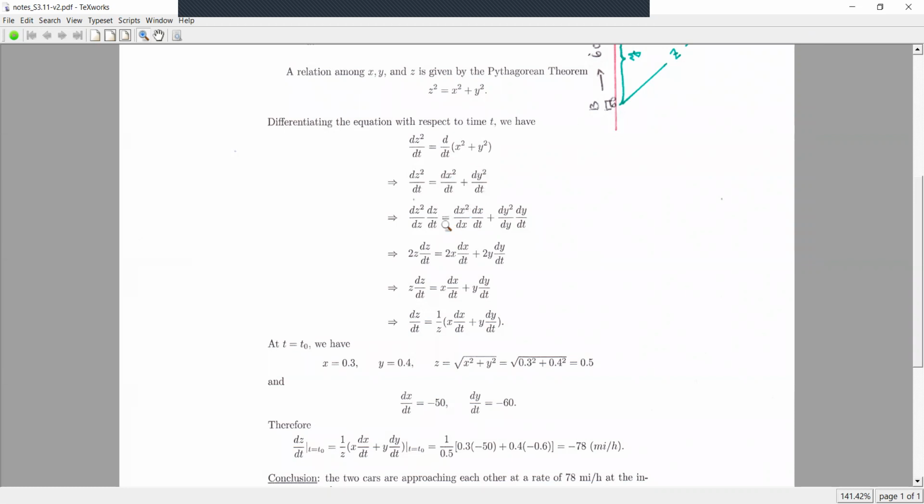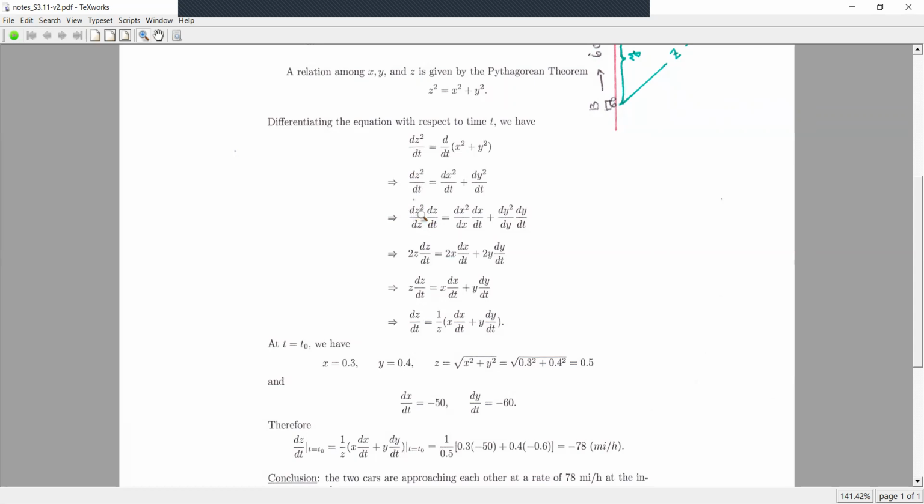Then I have this equation. For example, by the chain rule, I can write this derivative as the product of these two derivatives. If I cancel dc, then the product returns to this derivative.